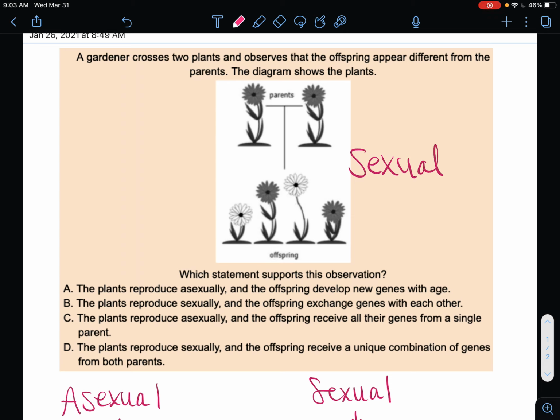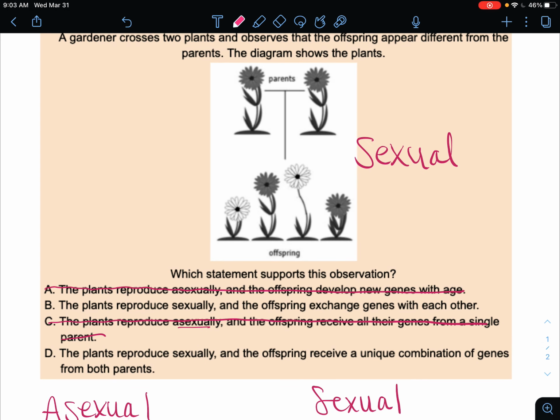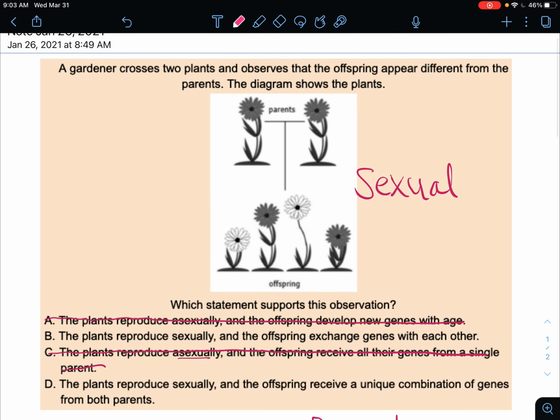So before we even read the rest of these answer choices, we can automatically eliminate choice A because it says asexually, and choice C also says asexually. So we can eliminate those two right off the bat. Without reading the whole part of each answer choice, we've narrowed it down to two. That's pretty easy. Now we have to decide between choice B and D.